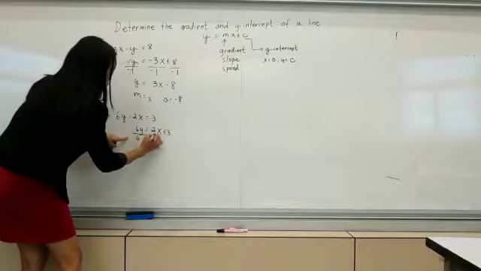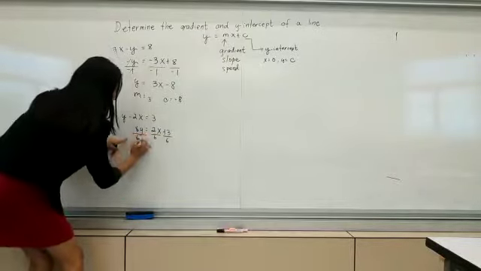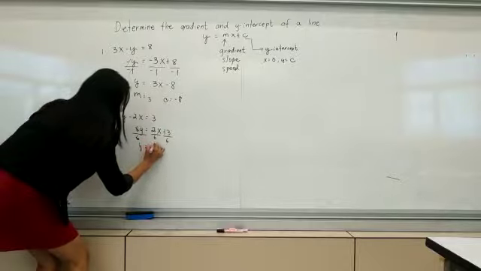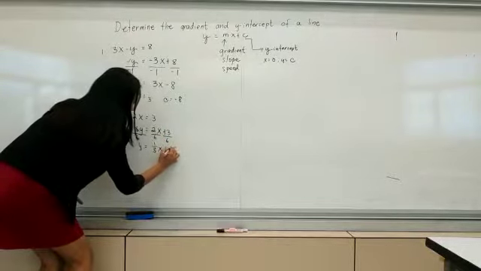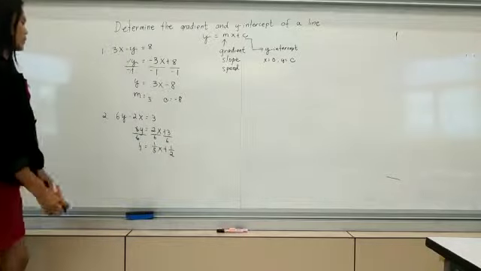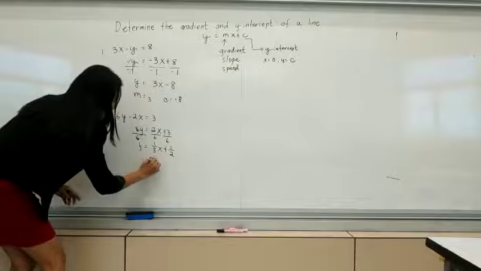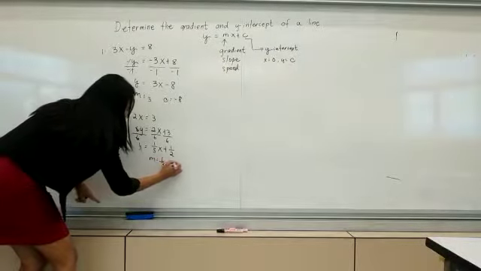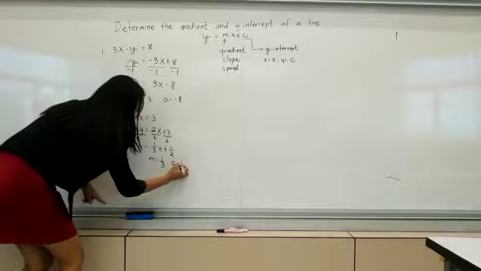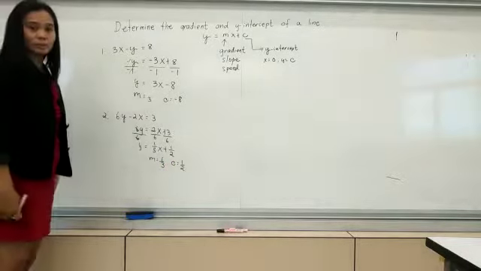We divide all the terms by 6, and then y is equal to 1 over 3 x plus 1 half. So in this equation we can see that the slope is 1 over 3, and your y-intercept is 1 half. As easy as that one.